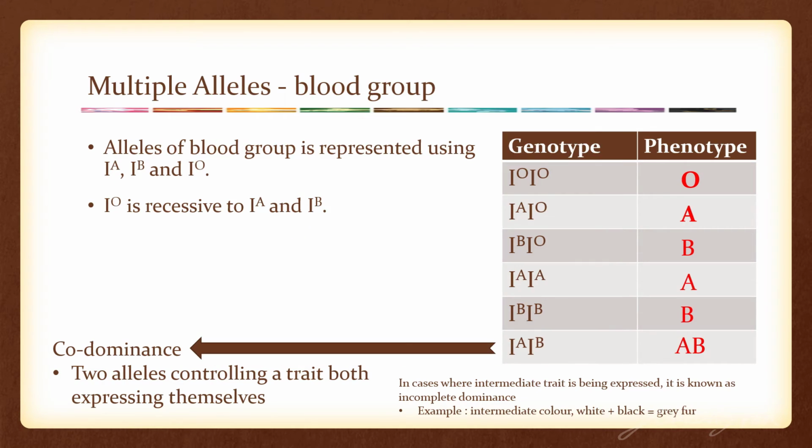So this is just to take note, not spelled out in your syllabus. They are similar to co-dominance, but different at the same time. They are similar in the sense that both alleles are expressing themselves, but different because the phenotype is different from both of the originals. So for incomplete dominance, I would say it is good to know there's such a thing.